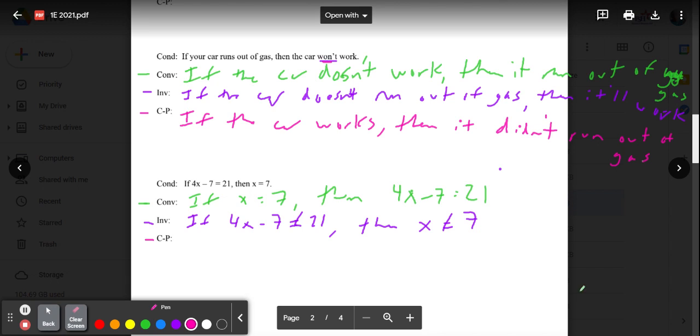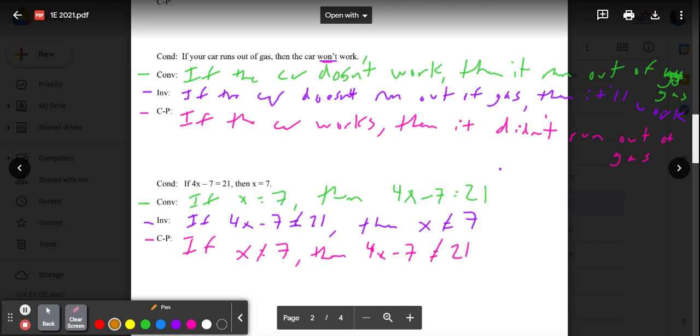Okay, just more practice with those if you need help. Down here, contrapositive. Okay, if x doesn't equal 7, then 4x minus 7 does not equal 21.